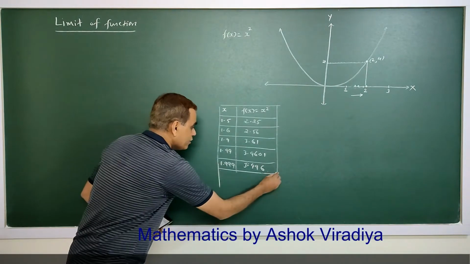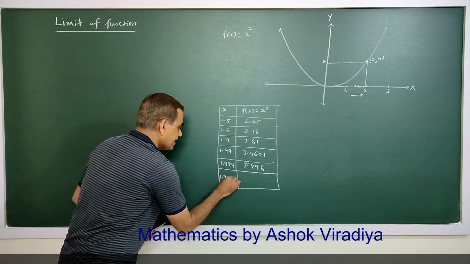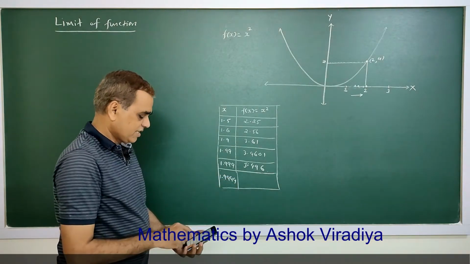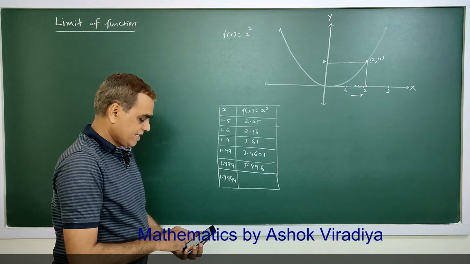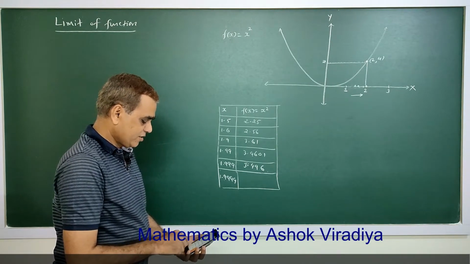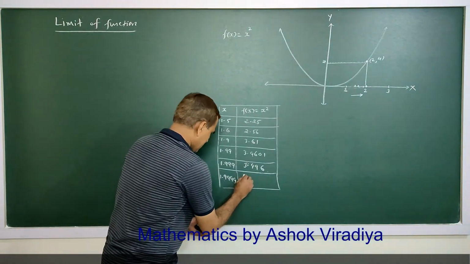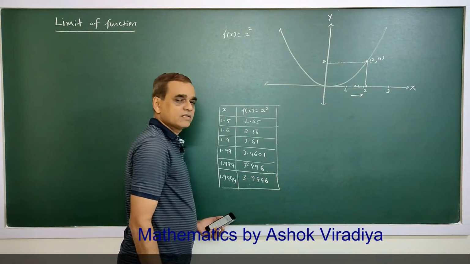Going near and near towards 2. Suppose I am taking 1.9999. 1.9999 into 1.9999 is equal to 3.9996.